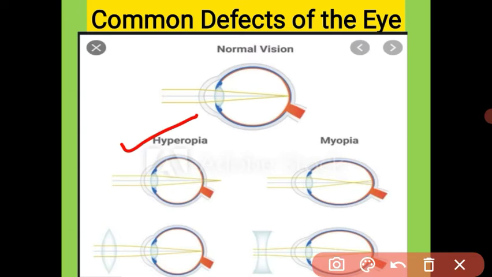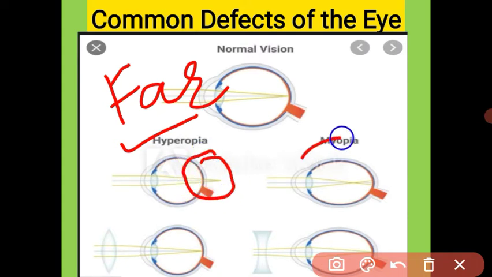Hyperopia is also called hypermetropia. It is also called farsightedness, otherwise longsightedness. It means it is difficult to see the near object; the person is able to see the far object clearly, but the near object is a blur. And what is the reason behind this? The eyeball is shorter. In myopia the eyeball is elongated, but in this condition the eyeball is shorter, and the lens is flat, so both conditions are opposite to each other.